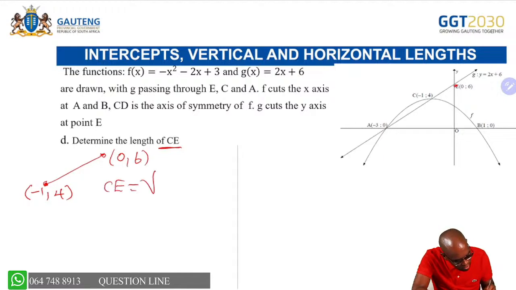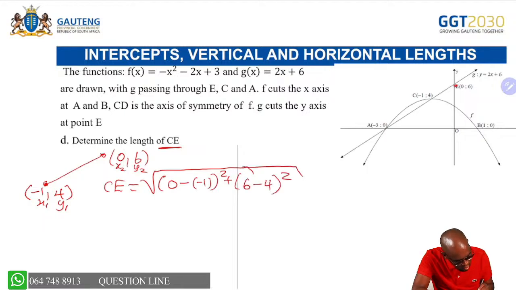CE would be the square root of x2 minus x1 squared plus y2 minus y1 squared. x2 minus x1 is 0 minus negative 1 squared plus 6 minus 4 all squared. So that is the substitution thereof.